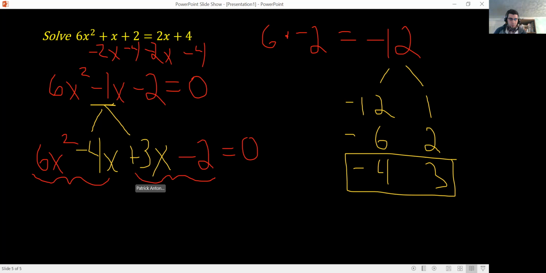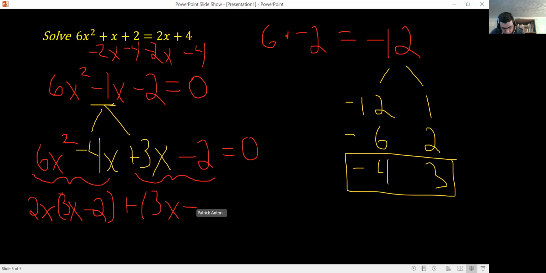The first two, you could factor out a 2x, and you would have 3x minus 2. And notice the second group already has the 3x minus 2 in it. So you could just group that and you don't have to factor anything out of that one. Notice the two quantities in parentheses are the same. So we factor out a 3x minus 2.